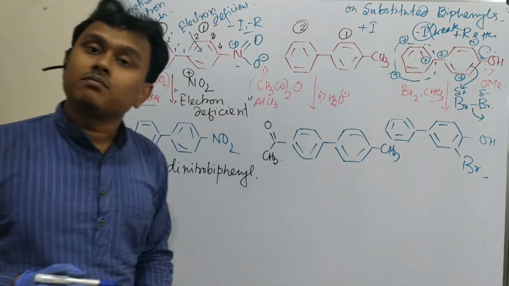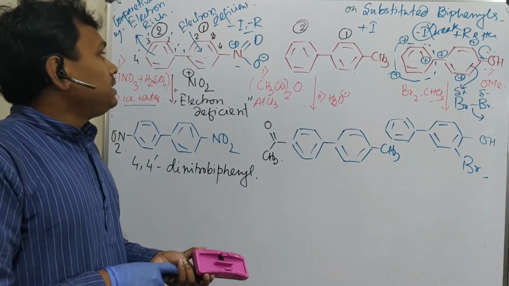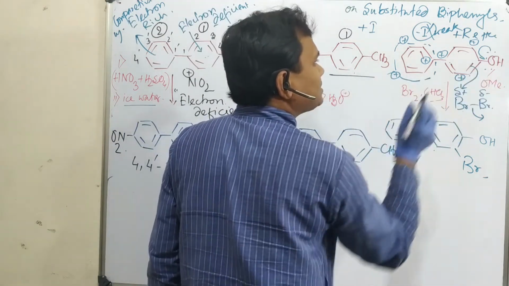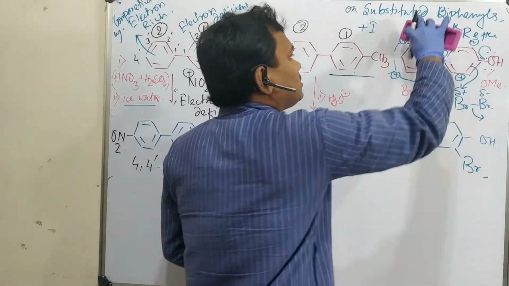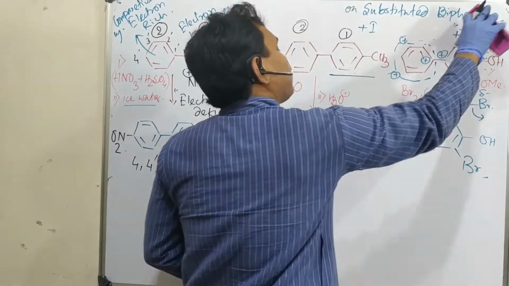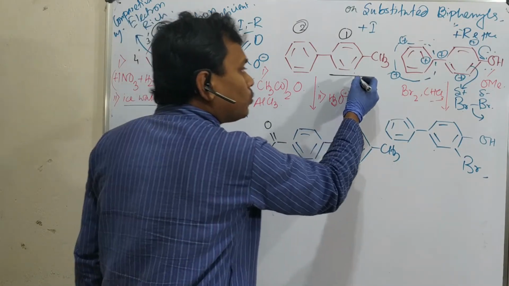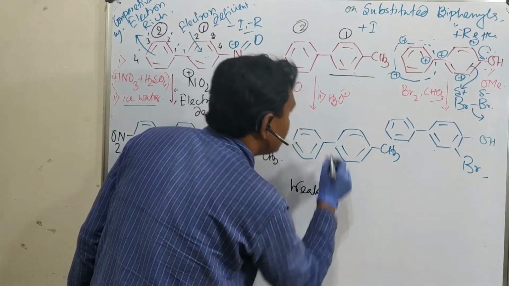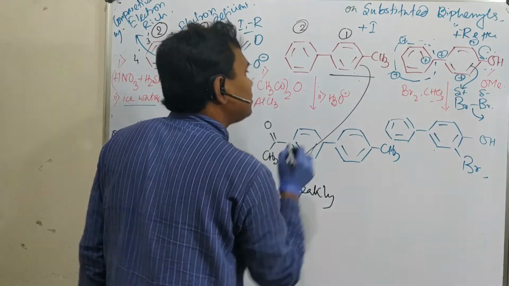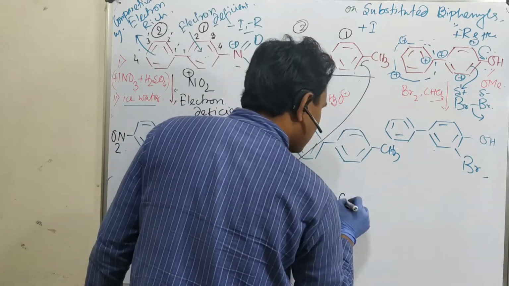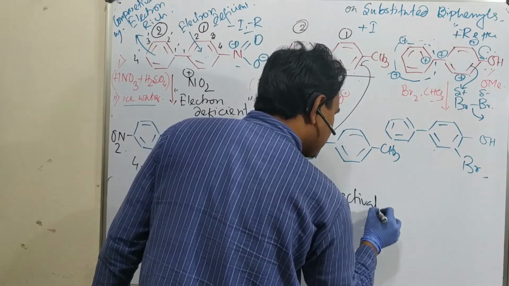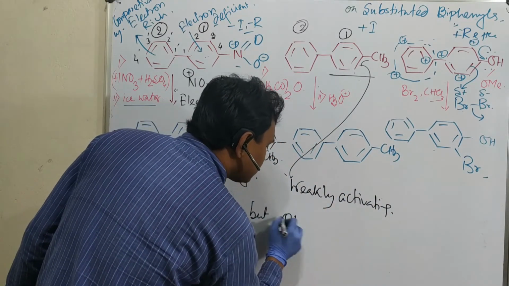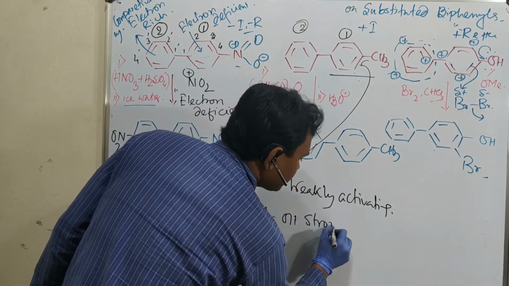Question 1. See, in this case the comparison comes between this methyl and this phenol. It is weakly donating, weakly activating. So this methyl is weakly activating, but OH is strongly activating.